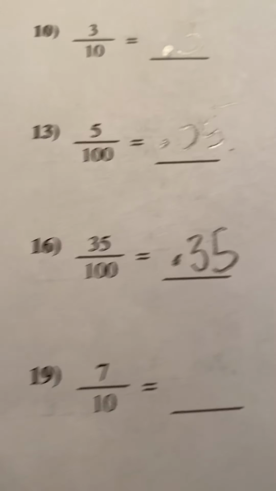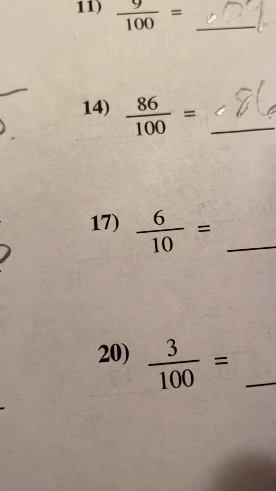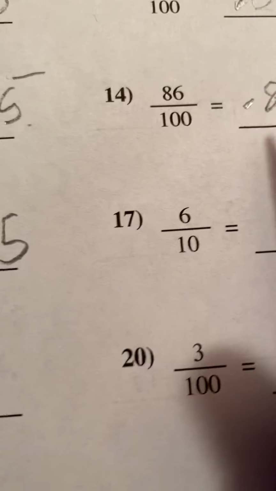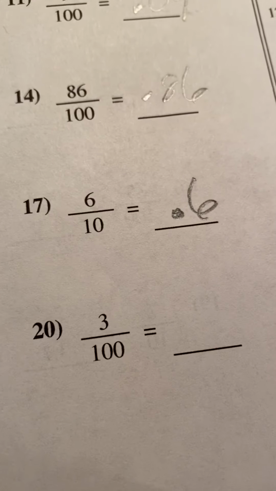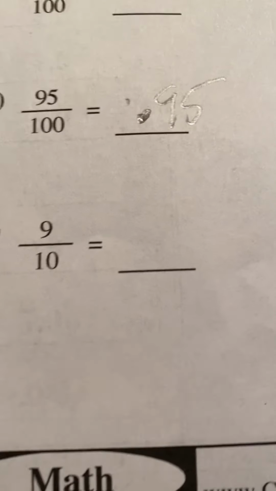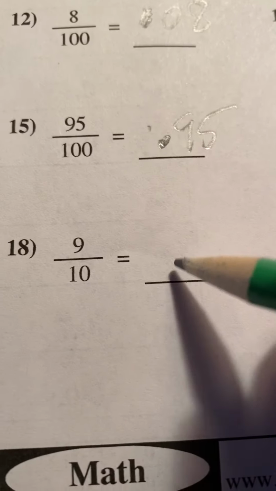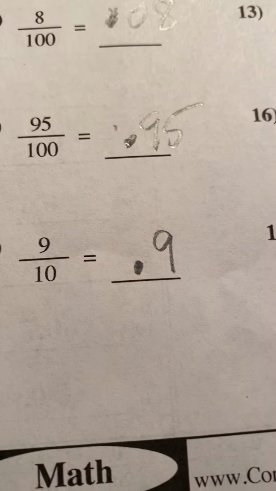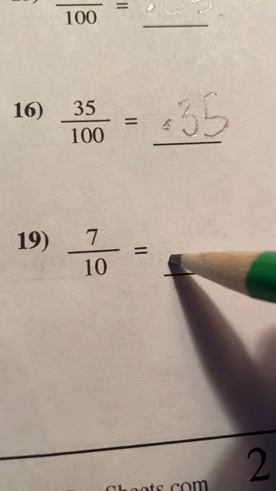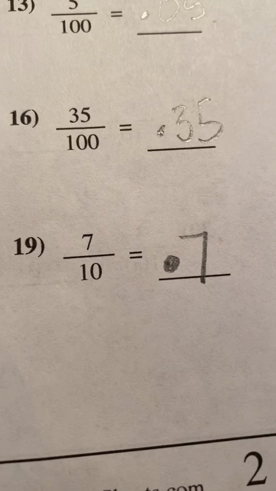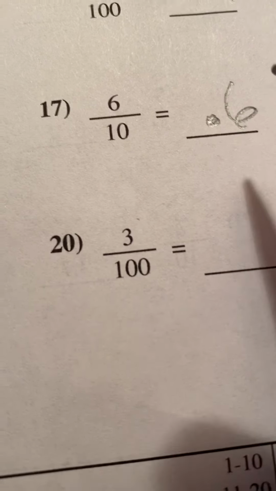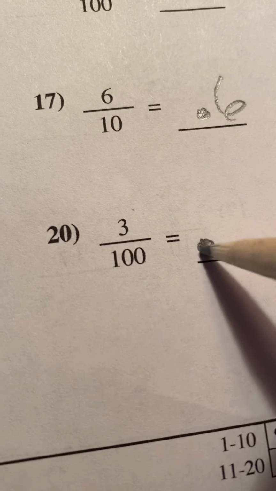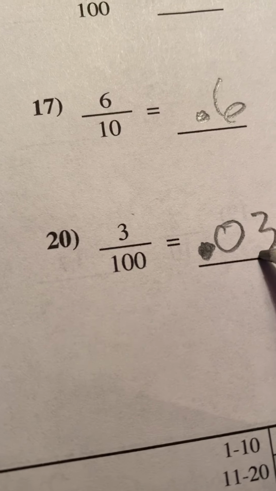Two numbers after the decimal because it's hundredths. 6 tenths. All right, tenths is not hundredths, so tenths has one number after the decimal. 6 tenths. Okay, last row already. 9 tenths. One number after the decimal, 0.9. 7 tenths. One number after the decimal because it's tenths, 0.7. And then 3 hundredths. Now hundredths again, how many numbers after the decimal? It's got to be 2. I needed it to say 3.